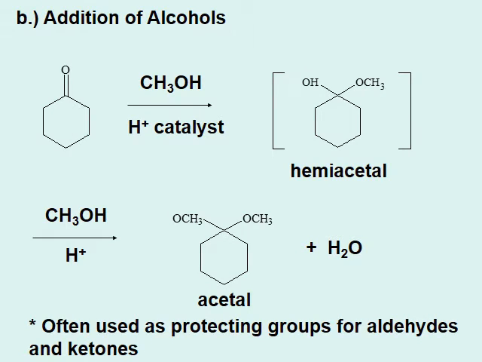Now here we are showing you addition of alcohol to the carbonyl carbon. So this is again the same story. CH3OH, if I write it a little differently so that you can see the similarity between addition of water and addition of methyl alcohol.